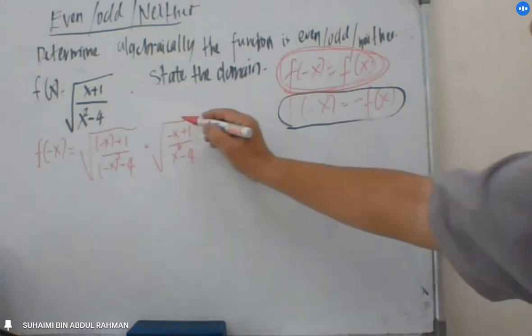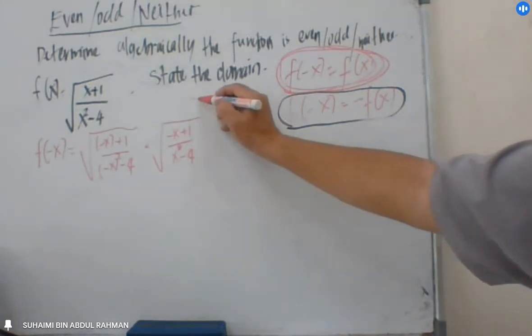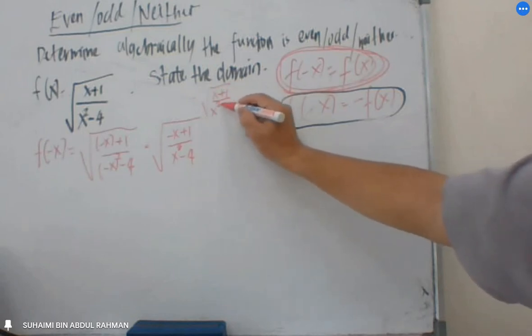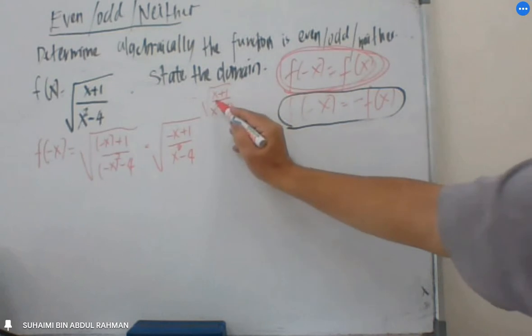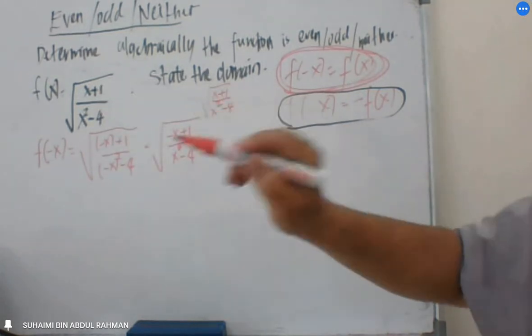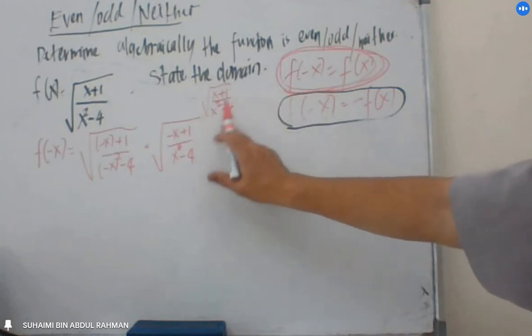Minus of f(x) is minus this. This is minus of f(x), but it's not like this.